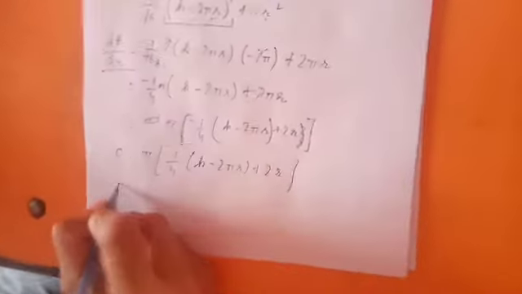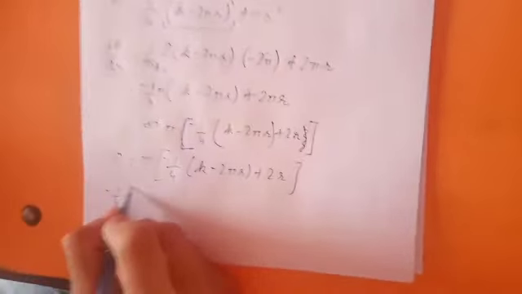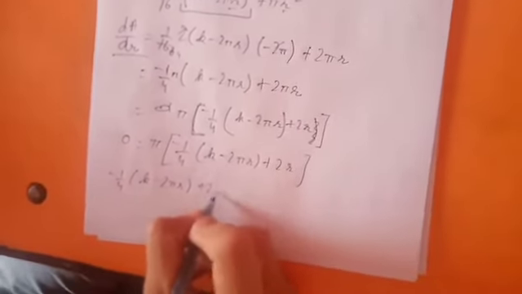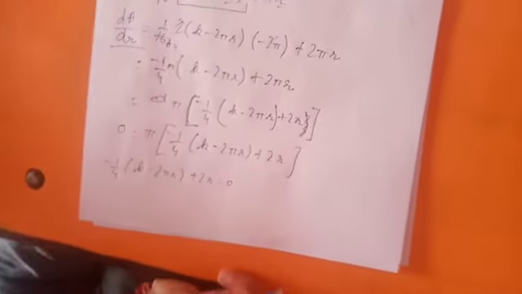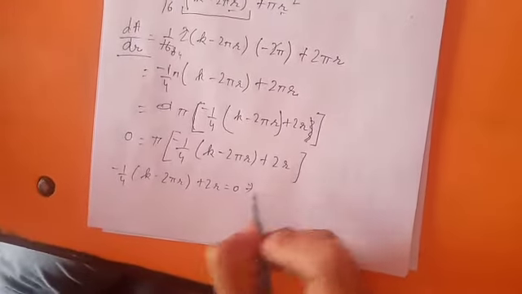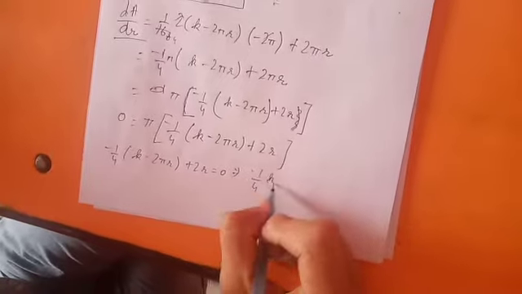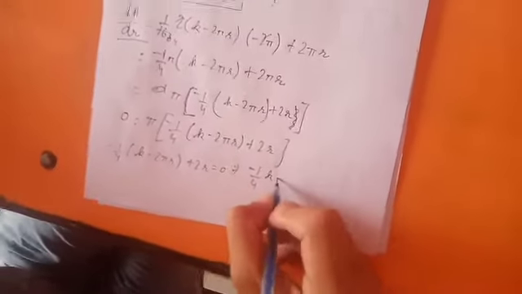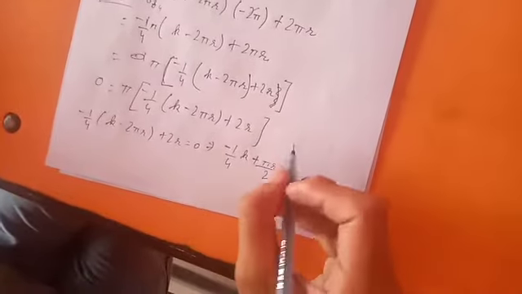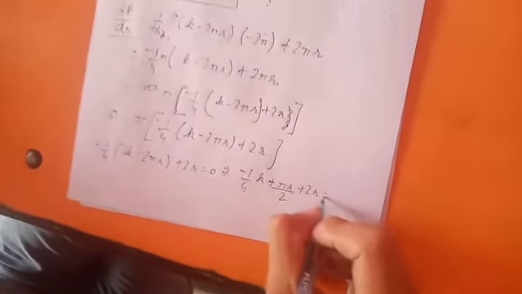So minus 1 by 4 (k minus 2 pi r) plus 2r is equal to 0. From here I can find the value of r. So this can be written as minus 1 by 4 k plus pi r by 2 plus 2r equal to 0.